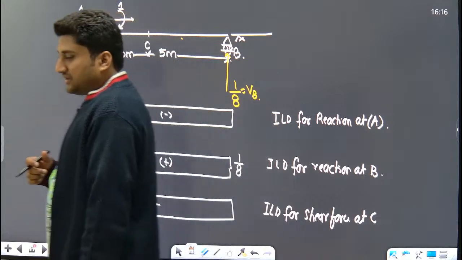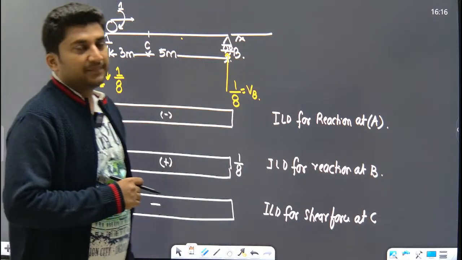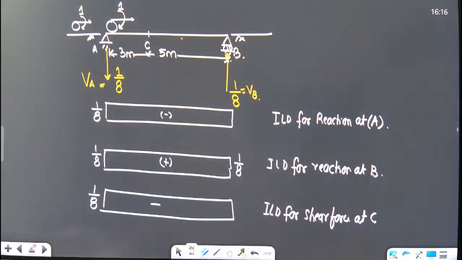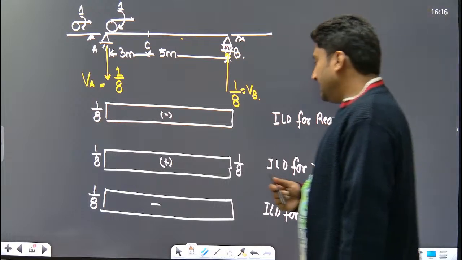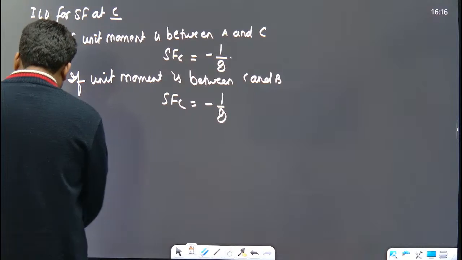Now the third last concept is how to draw the ILD for bending moment at C. Now we will learn how to draw the ILD for bending moment at C.